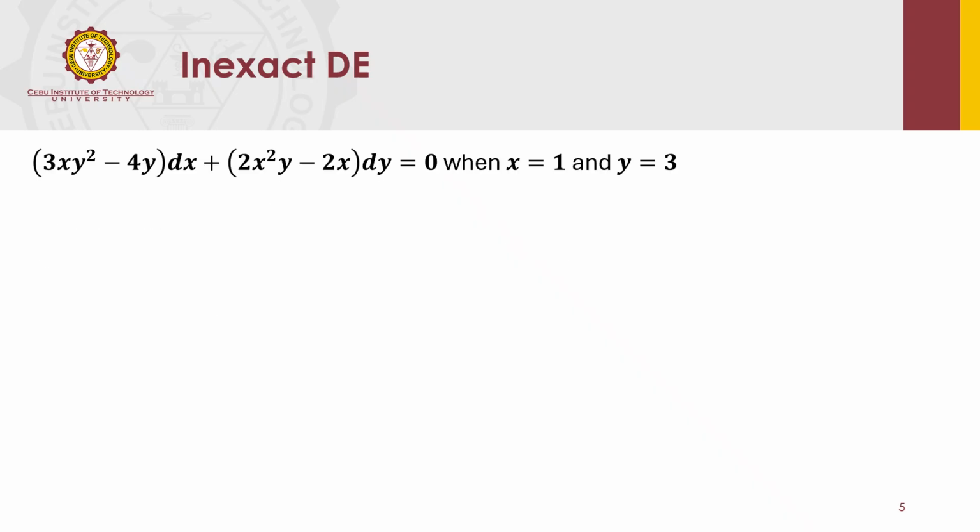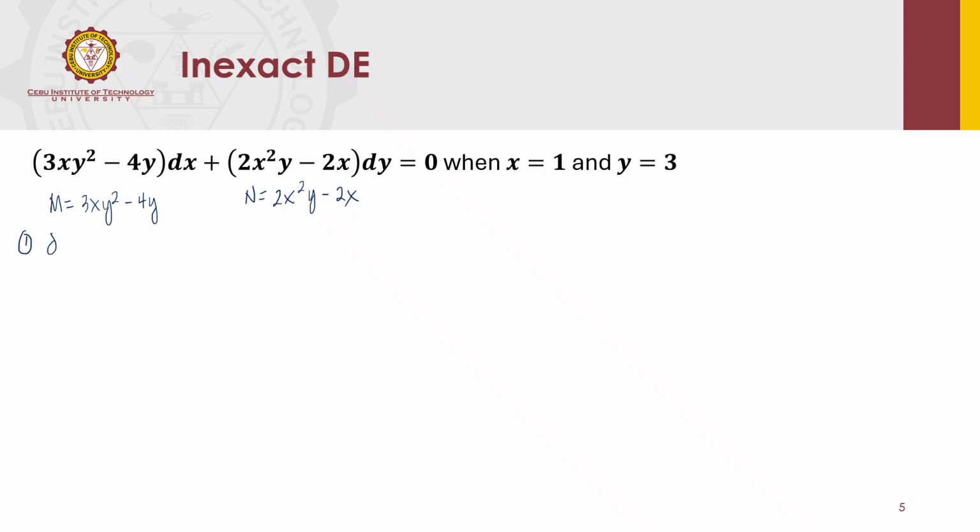For this one, in the dx term, we label that expression as M. So we let M be 3xy squared minus 4y, and let N be 2x squared y minus 2x. So we are going to test for exactness.